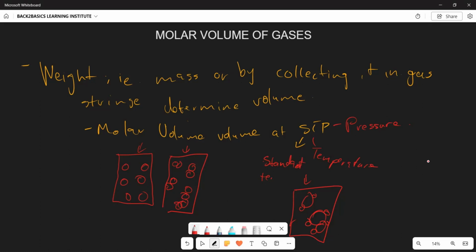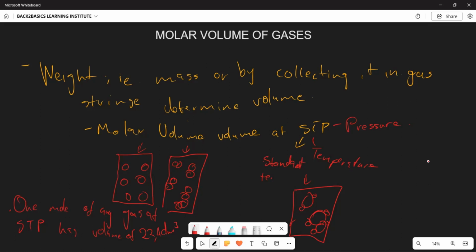So what we then regard as 1 mole: 1 mole of any gas at STP will have a volume of 22.4 decimeter cube altogether.